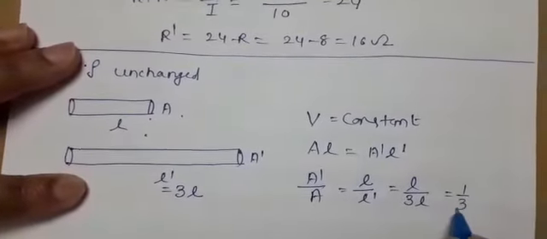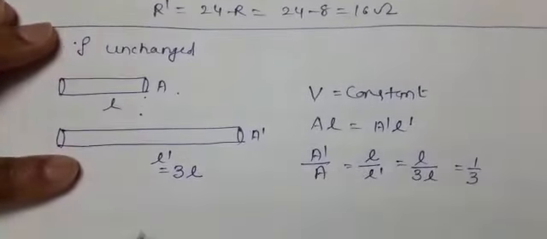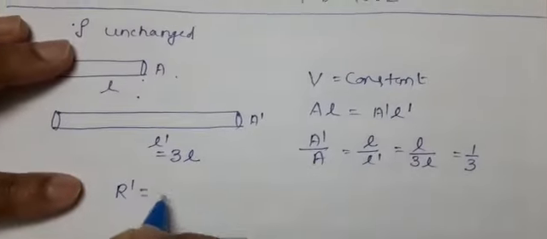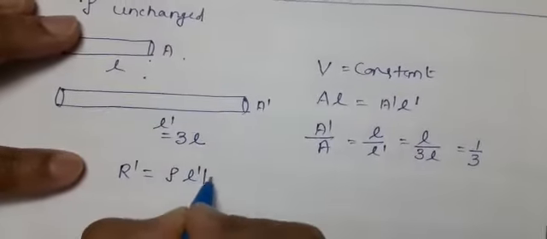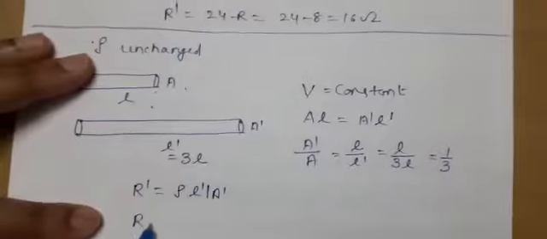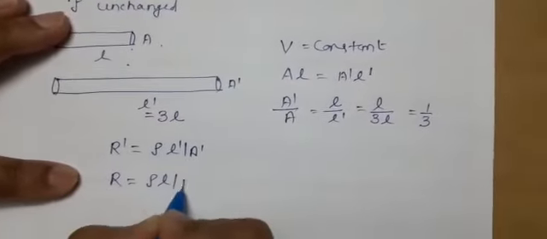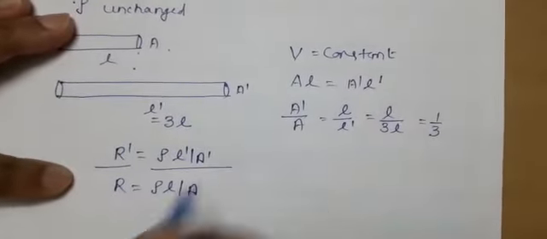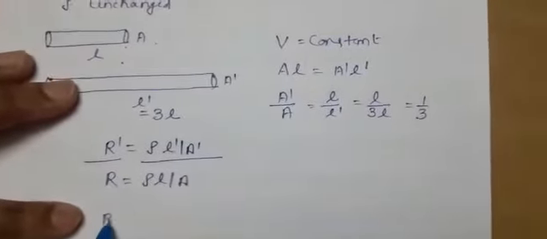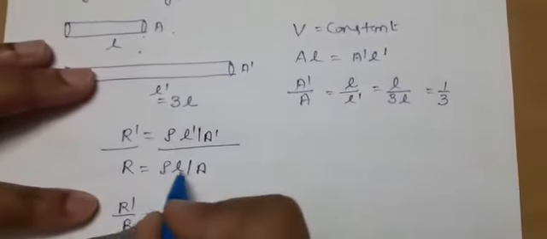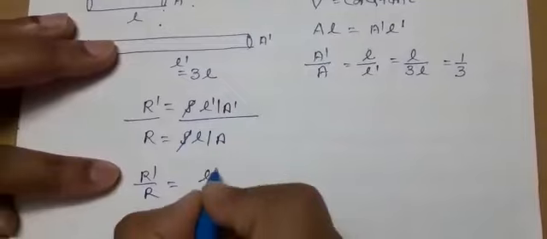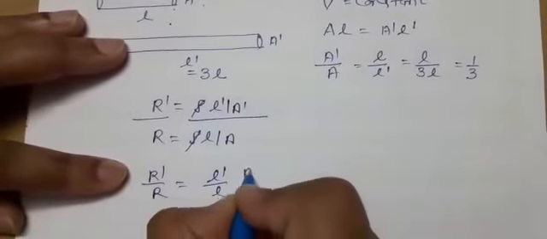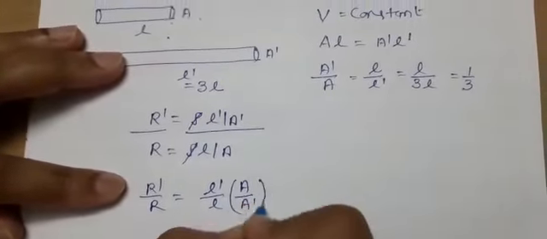So 1 by 3. Now you have to find the new resistance. The new resistance will be rho L dash upon A dash, and the original resistance was rho L upon A. Let me divide these two equations. So R dash upon R will be equal to, rho will be cancelled out, L dash upon L into A upon A dash.